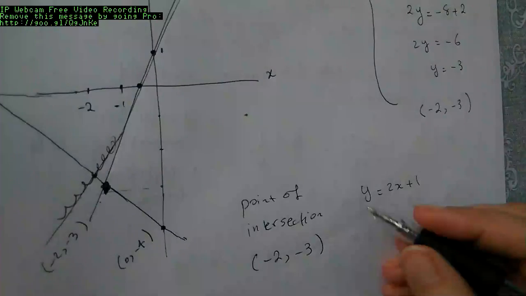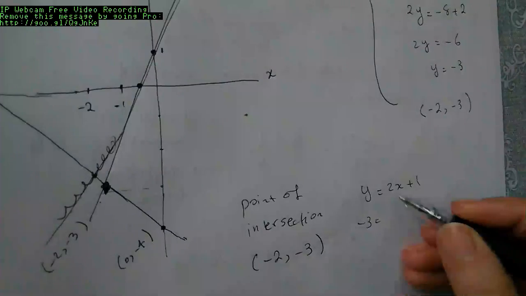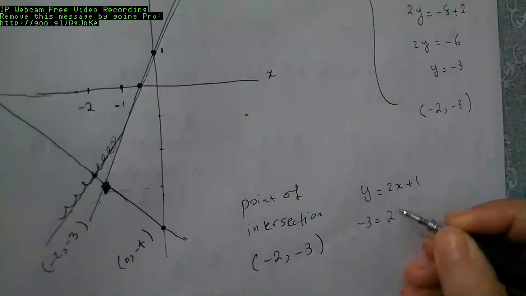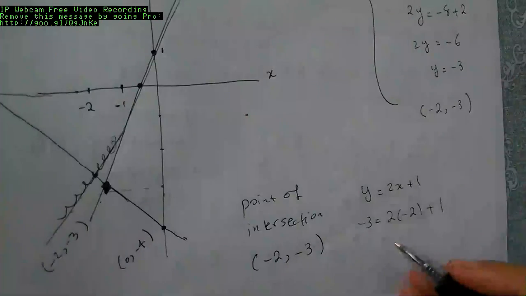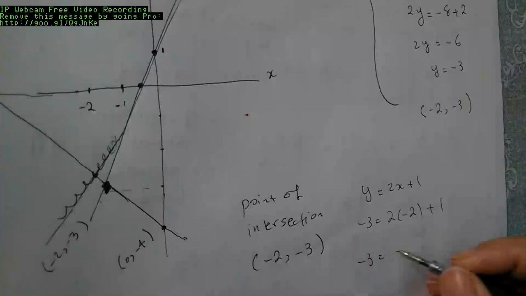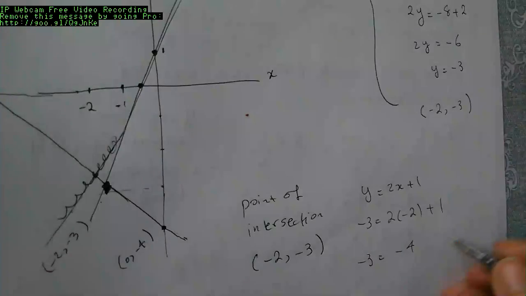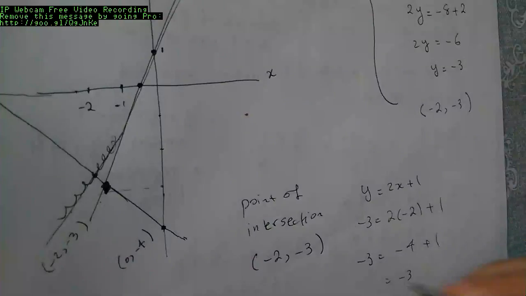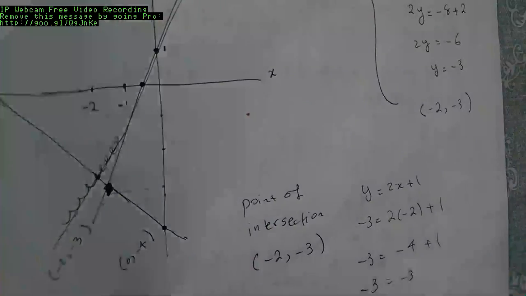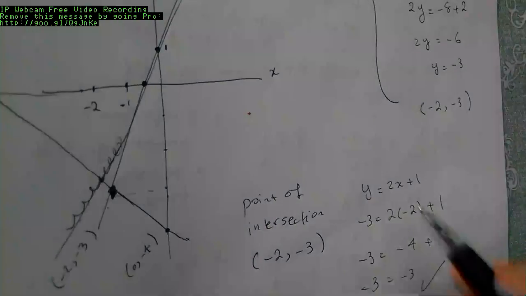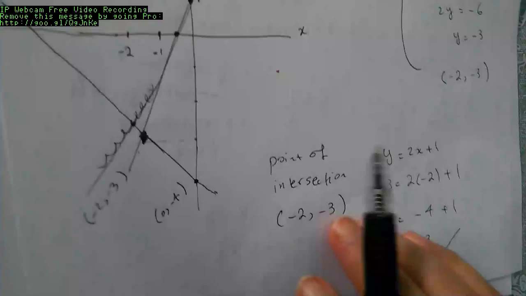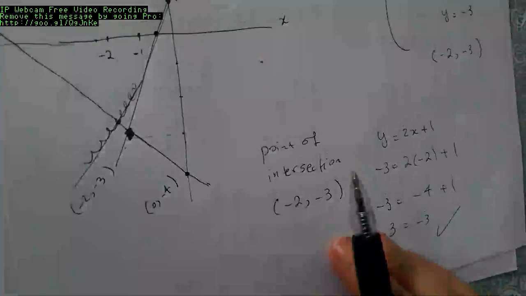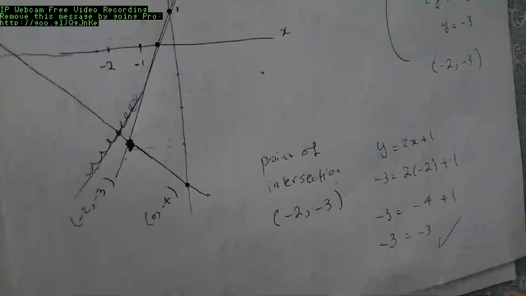Instead of y, I put -3, and instead of x, I put -2. I want to see if the right side and left side are the same. So -3 equals -2 plus 1. -2 plus 1 is -1... see, the right side is equal to the left side. So I know this point is going to be on that line. The same way you can show that this point is on both of the lines, which means this is the point of intersection.